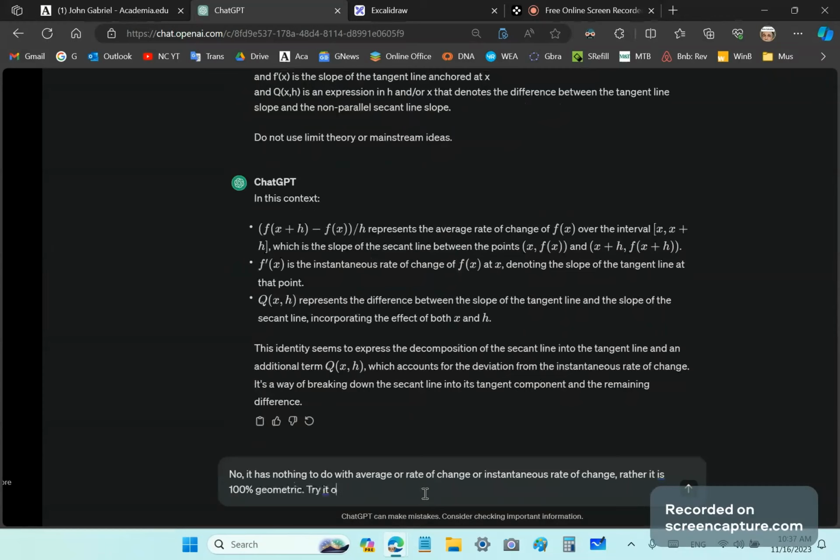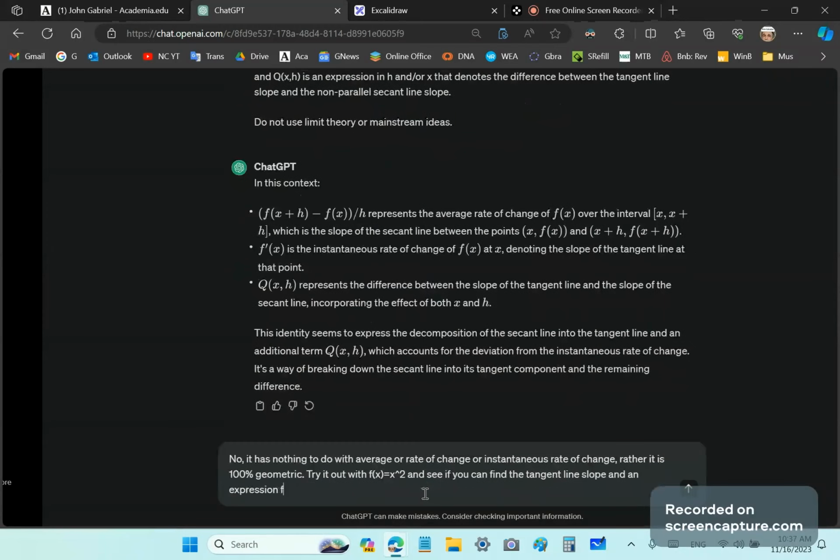Try it out with f of x equals x squared and see if you can find the tangent line slope and an expression for the difference q of x, h.